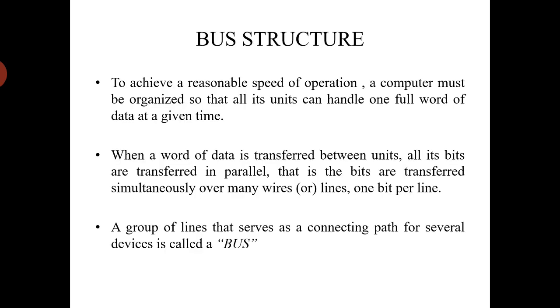A group of lines serves as a connecting path for several devices. To transfer data, bits, or a word of information between devices, we use many lines or wires in order to transfer the data in parallel.